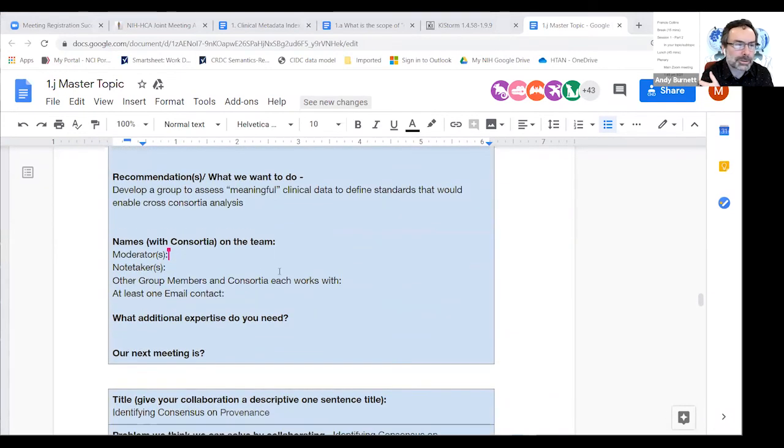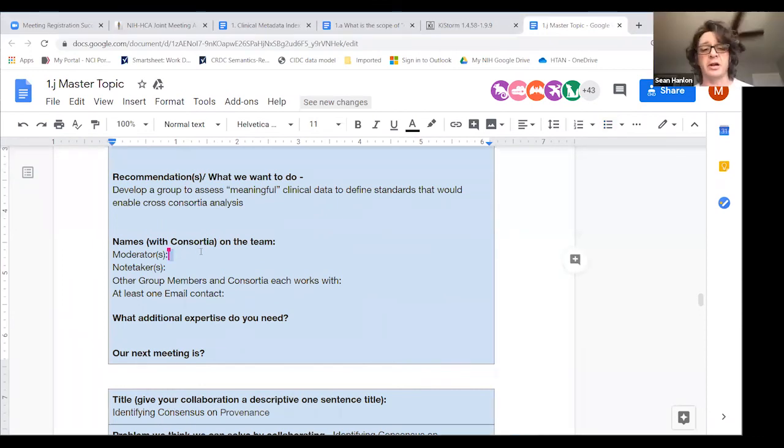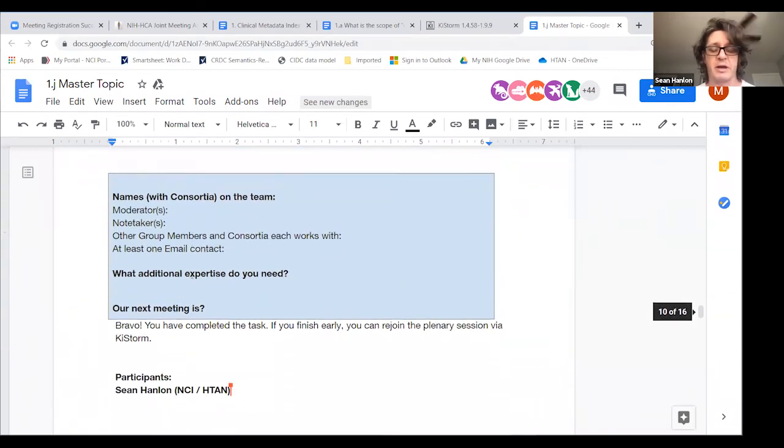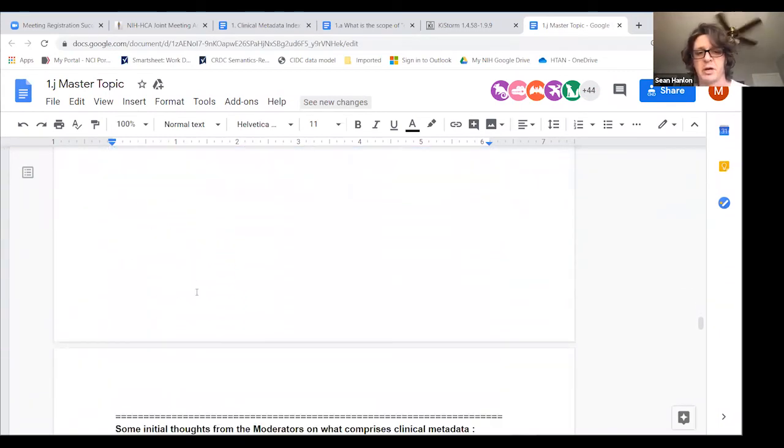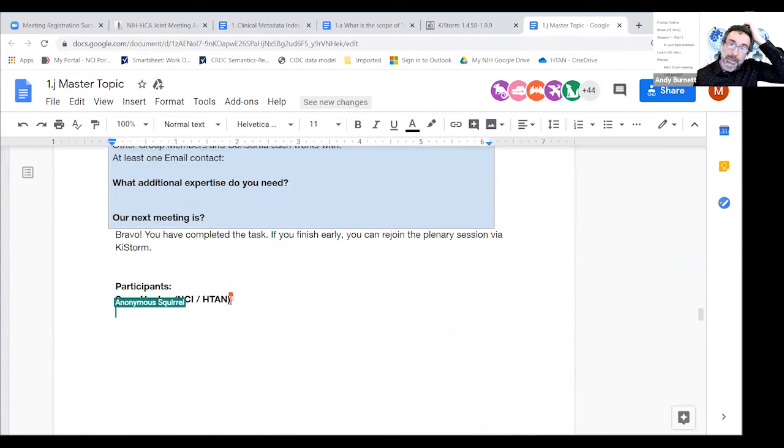Actually, R21 is an odd choice, but I started a list just below the last of the blue boxes if people want to add their own names. I only added my own so far. Yes, I would encourage everyone to do that, just so we know that you were interested.